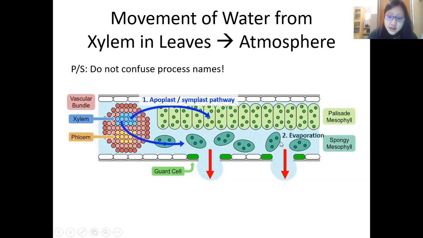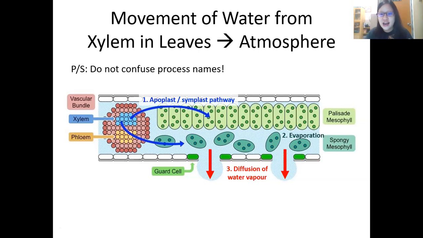Then it gathers at the spongy mesophyll cell surface of the cell wall, at the intercellular spaces, like here, the air space. And then only the water is evaporated into the airspace. It's not evaporating out of this airspace. Evaporation occurs from the surface of the cell wall to the airspace. Then the water has evaporated into water vapor.